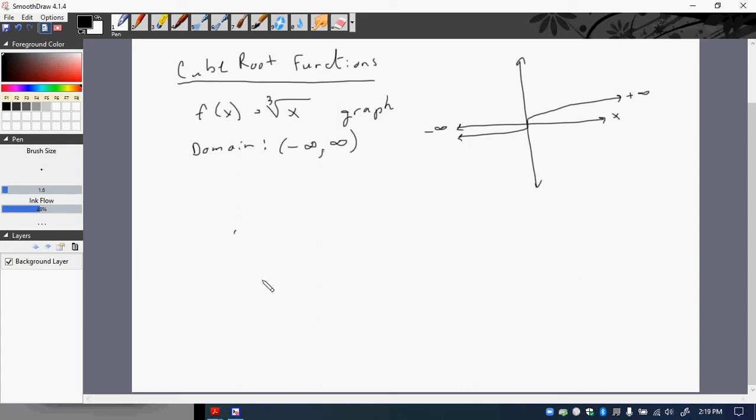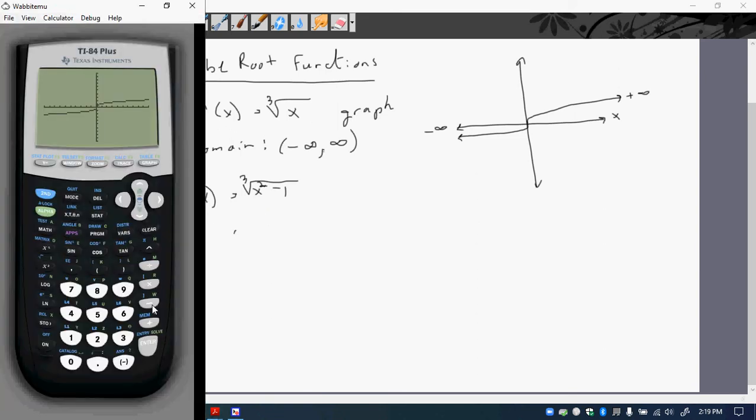So if we were to look at some equations like that, let's say we were looking at f of x equal to the cube root of x squared minus 1. Okay, and we look at that behavior on the calculator. So y equals, hit clear.